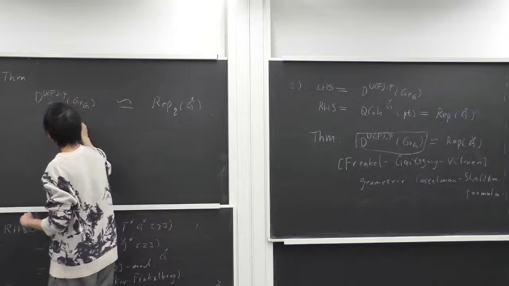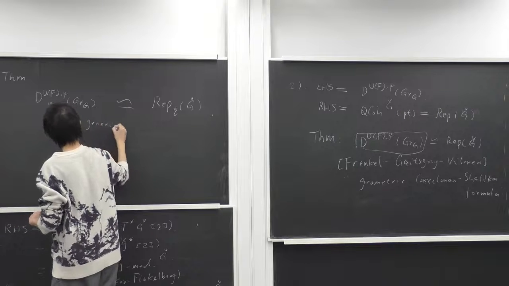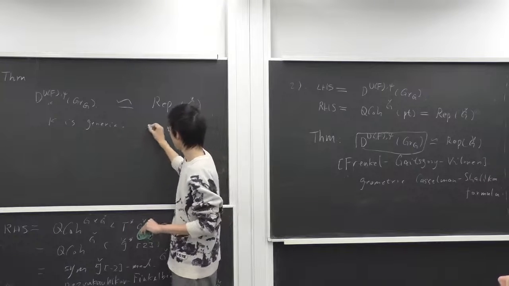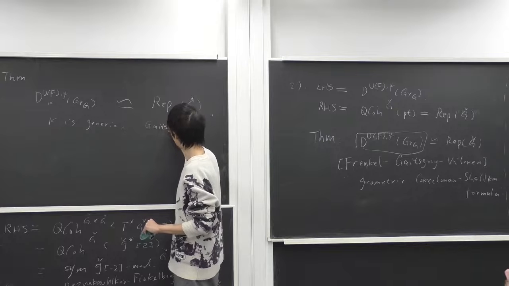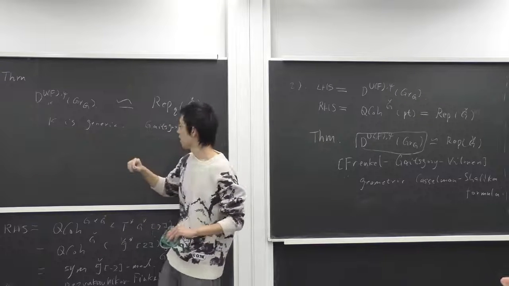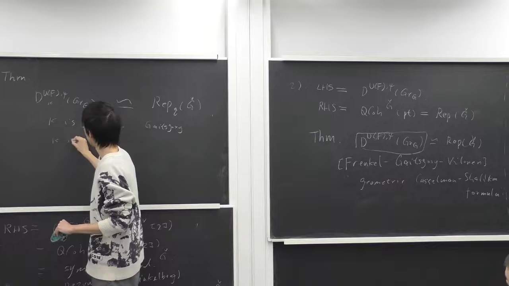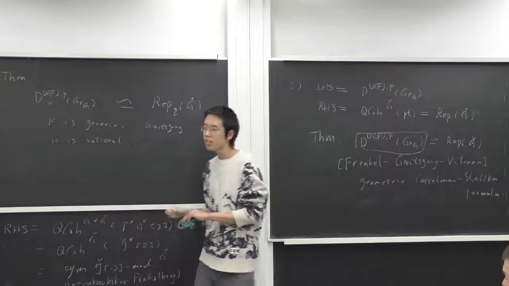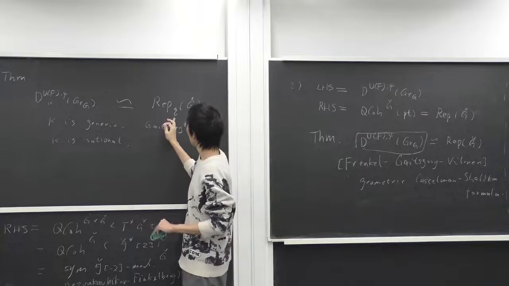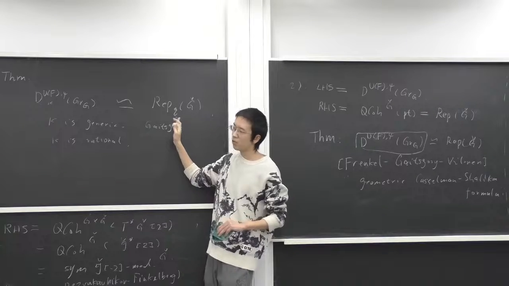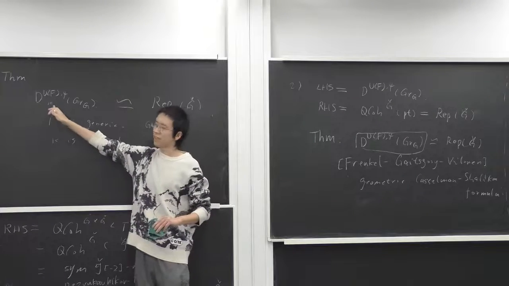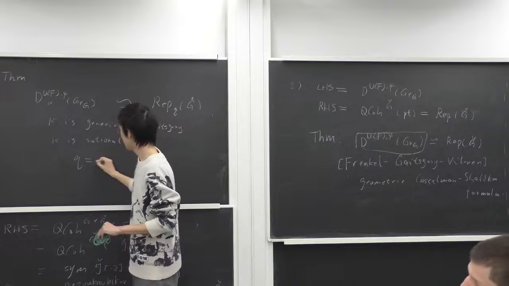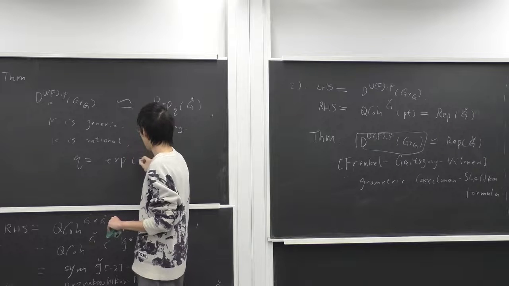When kappa is generic, or to be more precise, irrational, it has already been proved by Ginzburg. And when kappa is rational, here the quantum parameter q and the twisting parameter kappa satisfy the condition that q equals exponential pi i kappa.